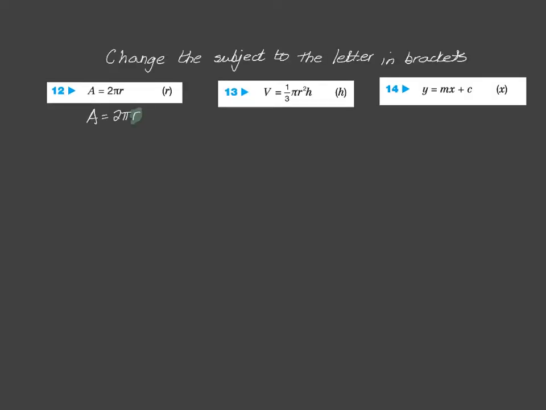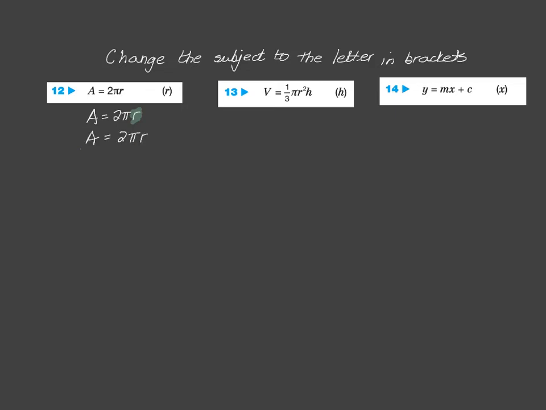The last few questions are of a slightly different format. You have to change the subject to the letter in brackets. In question 12, a is equal to 2 pi r, and we have to make r the subject. So I've highlighted r in green as always. To isolate r from 2 pi r, we need to divide both sides by 2 pi.